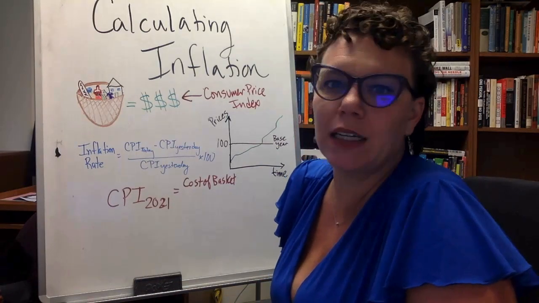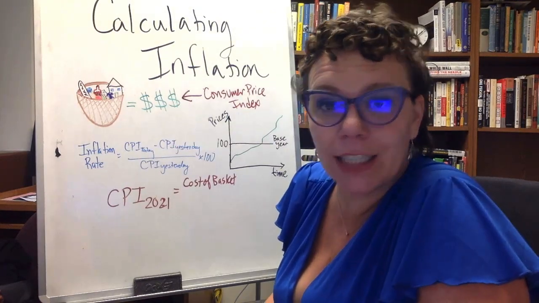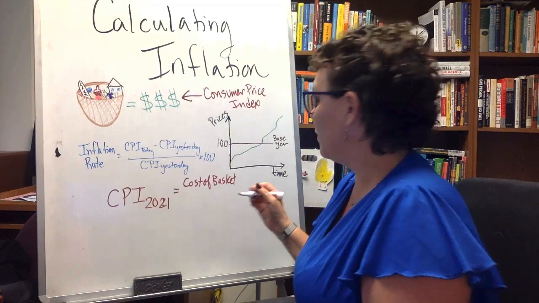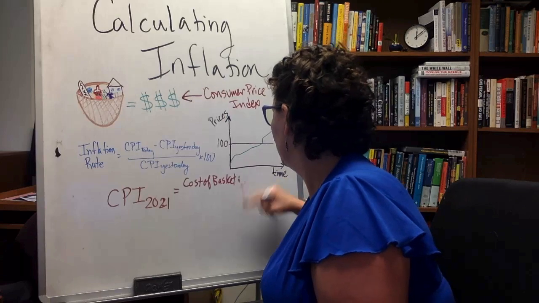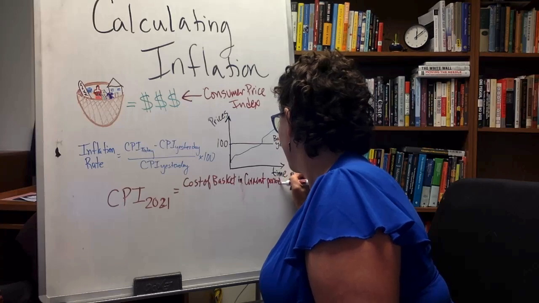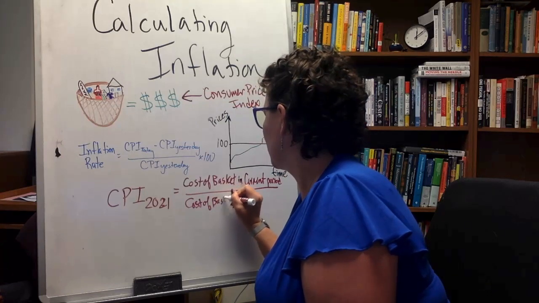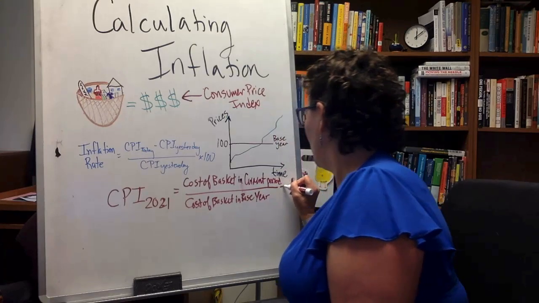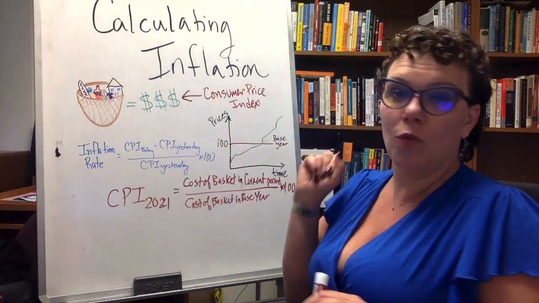If I'm looking at prices going back to the 1920s up to the 2020s, I might want to pick 1991 as my base year, just because it's a mid-ground, so I can gauge it to a more recent level of prices. In the current period, we then divide it by the cost of the basket in the base year. And then we'll multiply it by 100 to get a full index value, a base of 100.